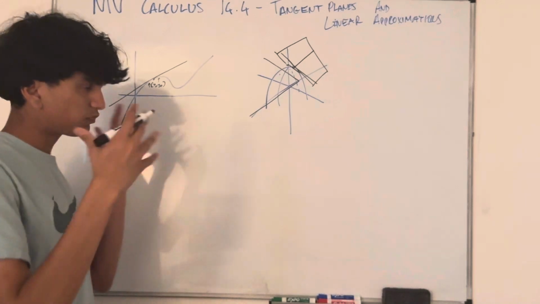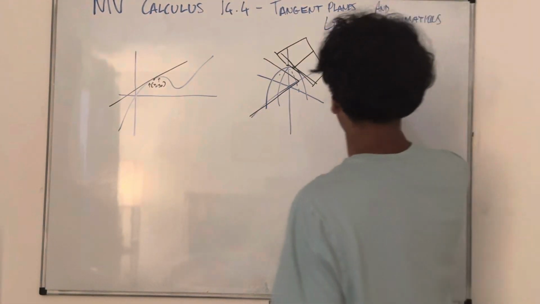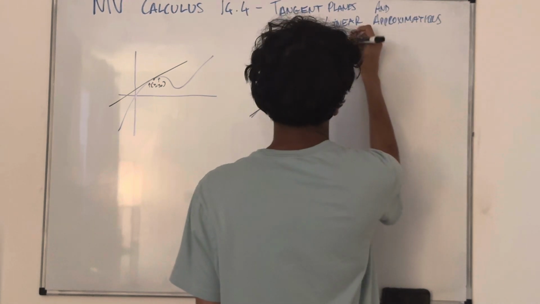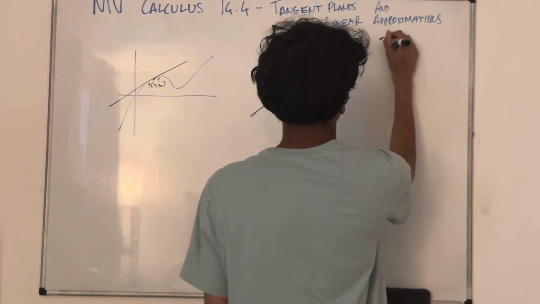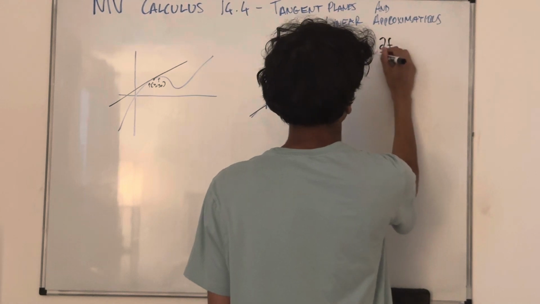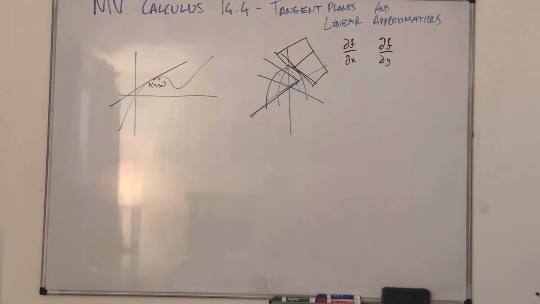For this function f, there's going to be a partial f, partial x, and a partial f, partial y, taking partial derivatives with respect to each variable.